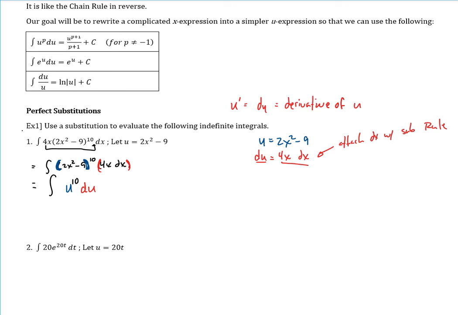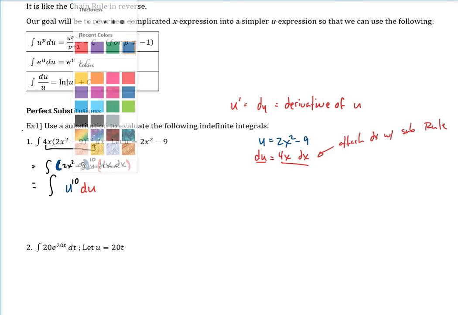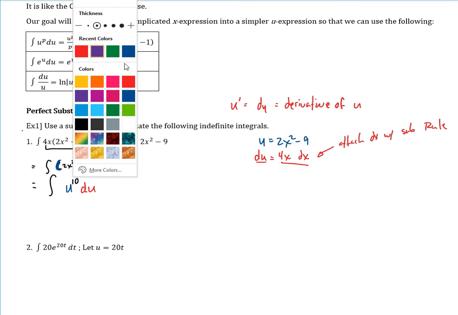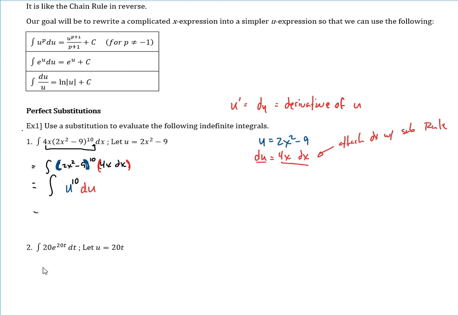Let's show the step for the antiderivative in purple. Our power rule tells you to add 1 to the power, so that'd be 11, and then multiply the front by the reciprocal of that power, which would be 1/11, and always still plus our constant c.